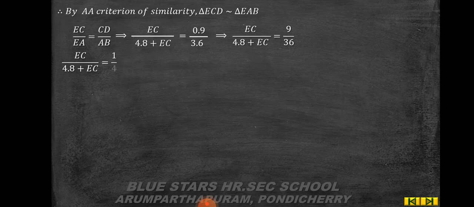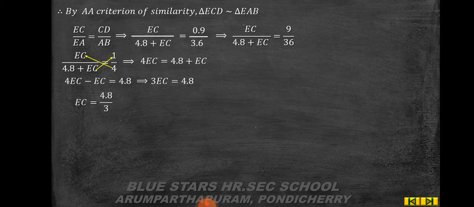EC by 4.8 plus EC is equal to 1 by 4. The next step is cross multiplication. So 4EC is equal to 4.8 plus EC. 4EC minus EC is equal to 4.8. 3EC is equal to 4.8. EC is equal to 4.8 by 3, which implies EC is equal to 1.6 meters.